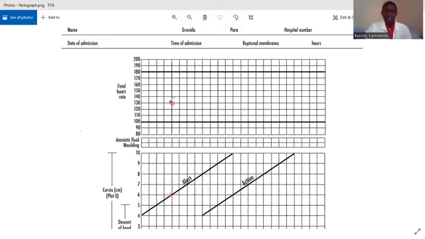Then if you check again after 2 hours, you find that the fetal heart rate probably is at 120.